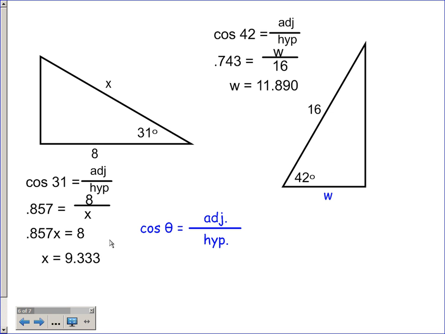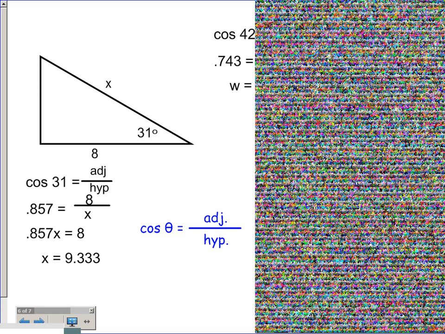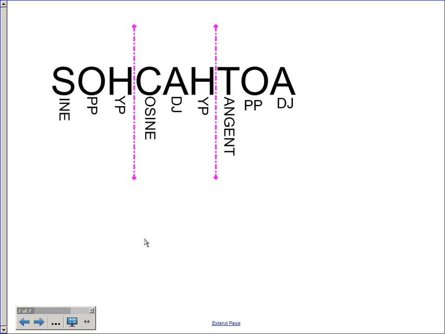That's the way that I would solve my trig ratios and the work that I show to support my thinking so that a reader can follow what my thinking was. And finally, a way to memorize or keep track of which trig ratio is which: the sine is the opposite over hypotenuse, the cosine is the adjacent over the hypotenuse, and the tangent is the opposite over the adjacent.